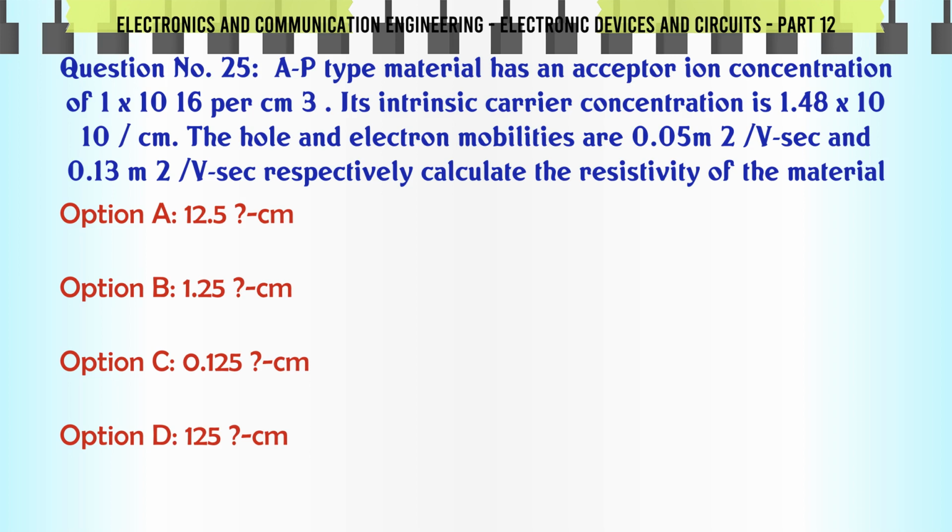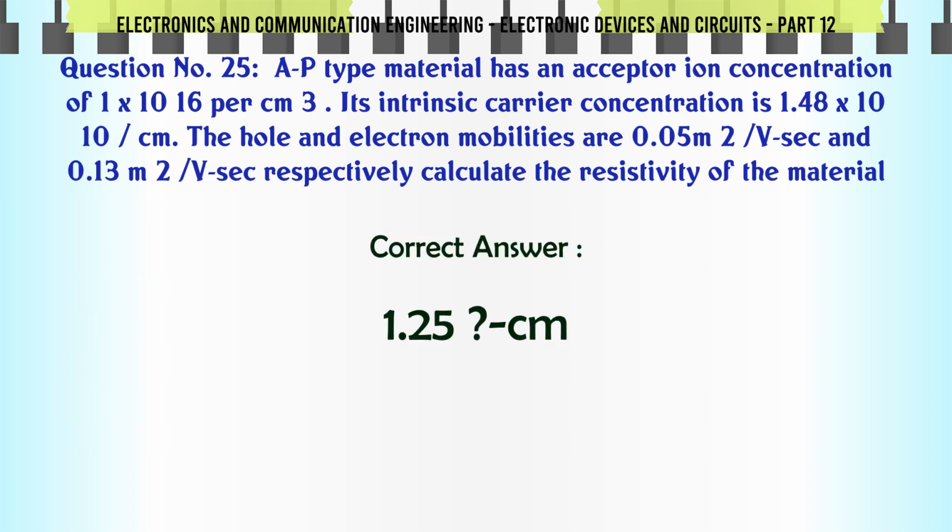Calculate the resistivity of the material. A) 12.5 Ω-cm, B) 1.25 Ω-cm, C) 0.125 Ω-cm, D) 125 Ω-cm. The correct answer is 1.25 Ω-cm.